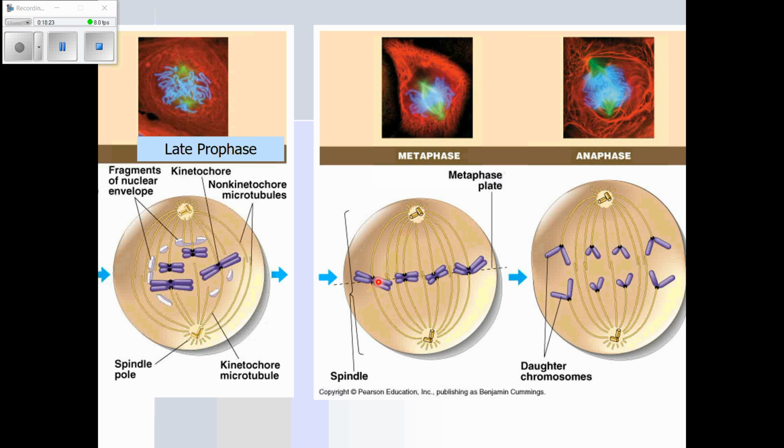Until eventually there's enough force being applied by these opposing spindle fibers that the centromere right in the middle of the chromosome is going to split. Every single chromosome is going to split in anaphase so that the two identical copies of each chromosome can be pulled apart and separated.